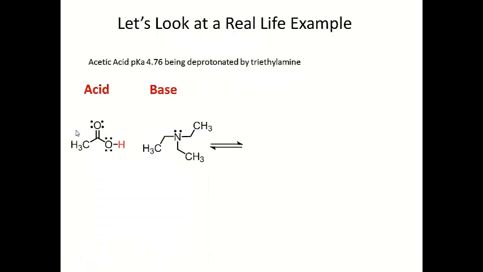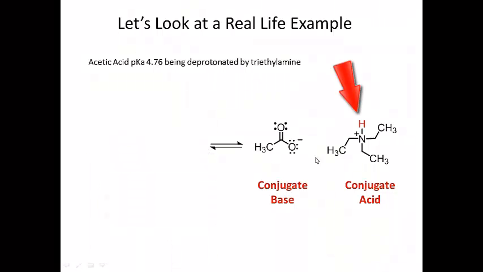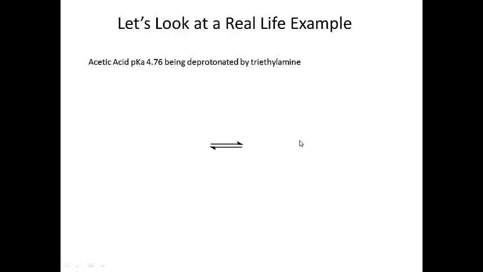Now let's watch what happens. You go from acid and base to conjugate acid, which is the base after it pulls off that hydrogen, and then conjugate base, which is the acid after it loses a hydrogen. Notice it now has an extra lone pair and a negative charge. Let's look at it again.